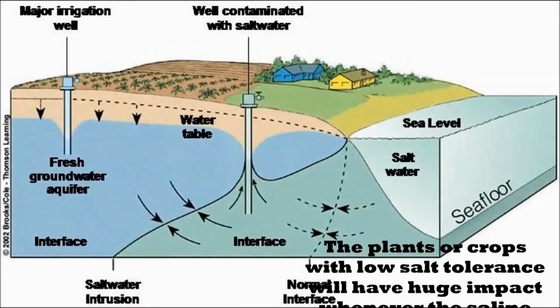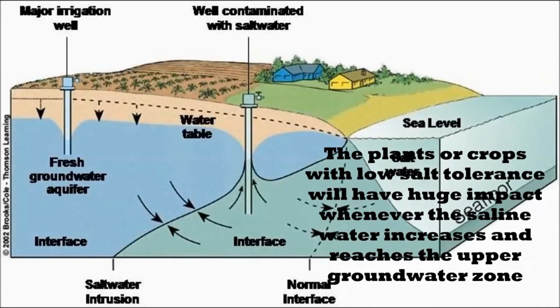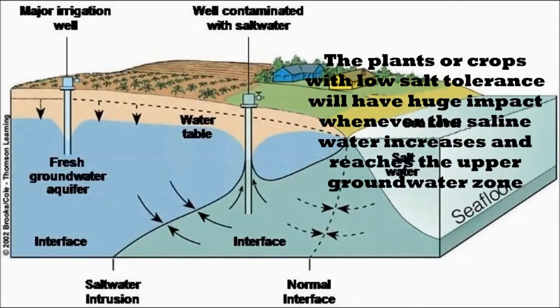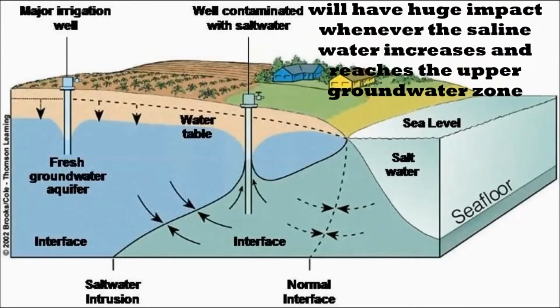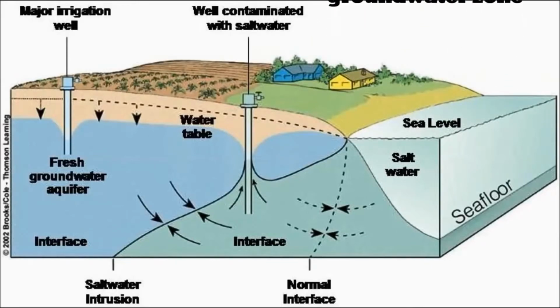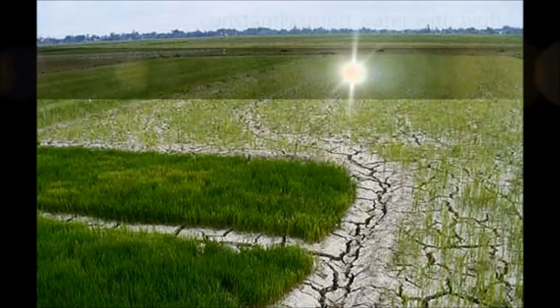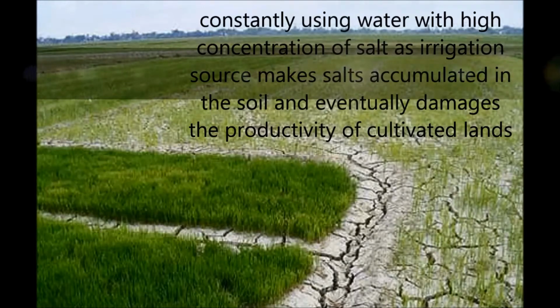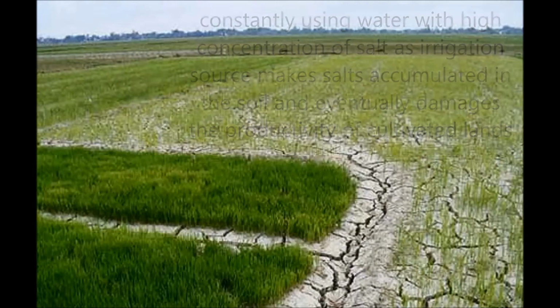The plants or crops with low salt tolerance will be hugely impacted whenever the saline water increases and reaches the upper groundwater zone. Constantly using water with high concentration of salt as an irrigation source makes salts accumulate in the soil and eventually damages the productivity of cultivated lands.